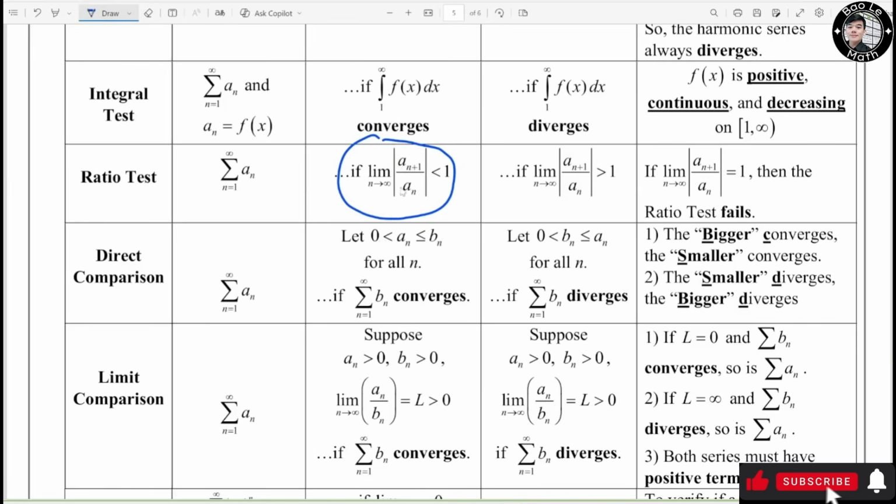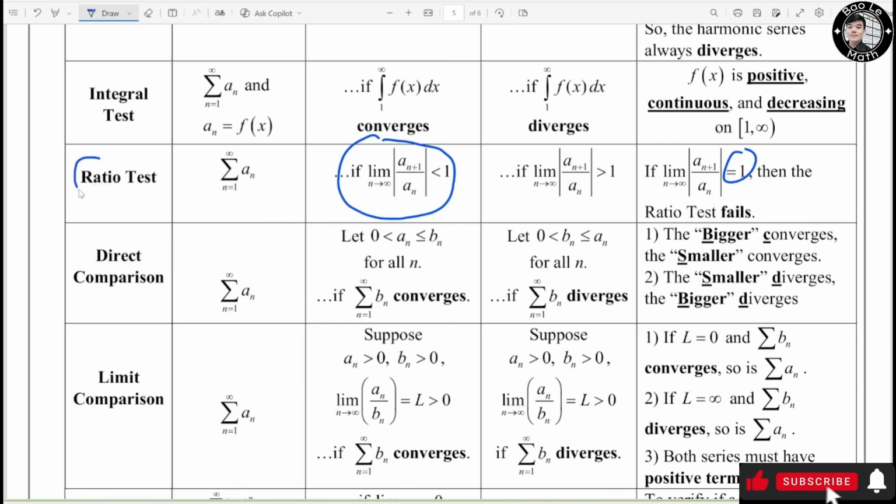If this limit as n approaches infinity is less than 1, the series converges, and then you're going to find the interval of convergence. If it's greater than 1, the series diverges. If it equals 1, the ratio test fails, so you would have to use another test to determine the convergence or divergence.